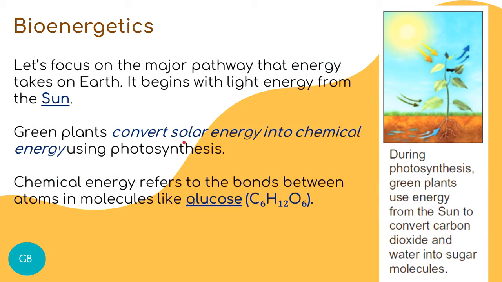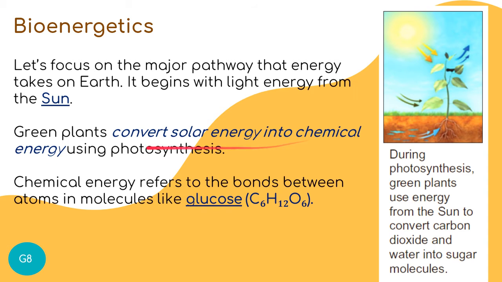So in this video, we are going to focus on the major pathway of energy that takes place on our planet. And again, it always begins with the sun. Green plants and algae, trees, flowers, everything, those organisms you see around you are capable of converting solar energy into chemical energy.